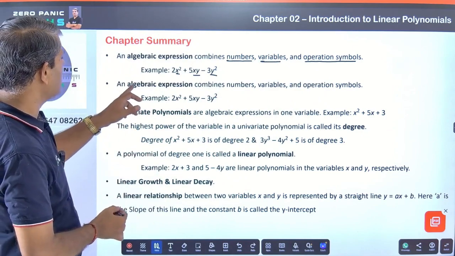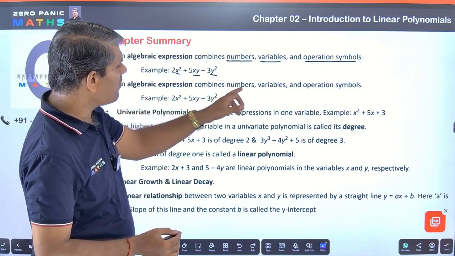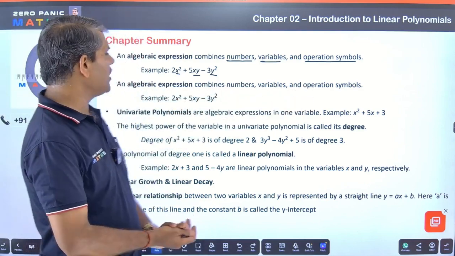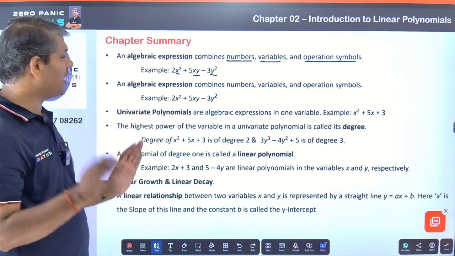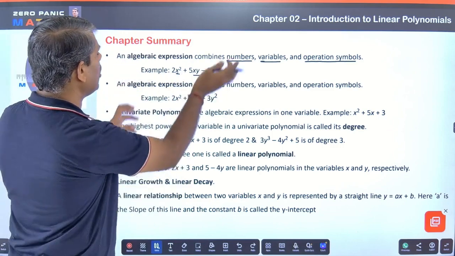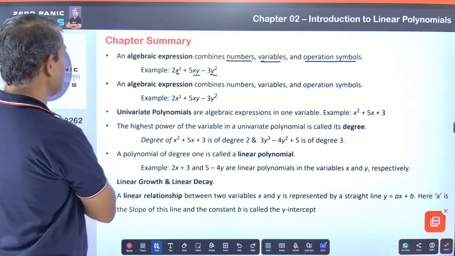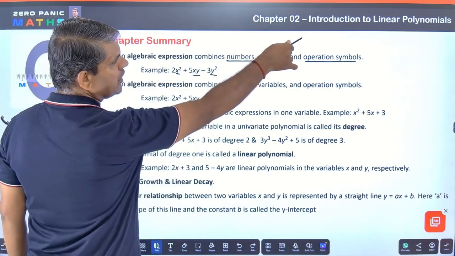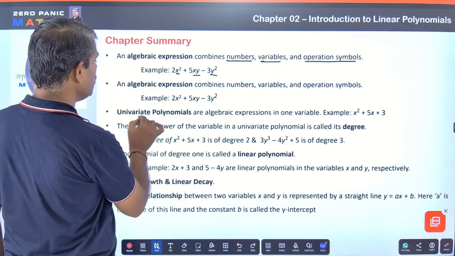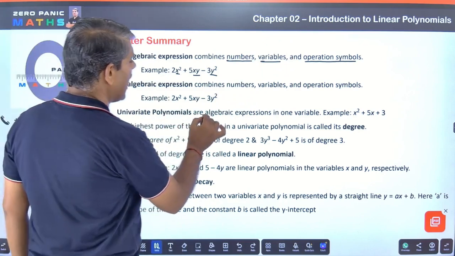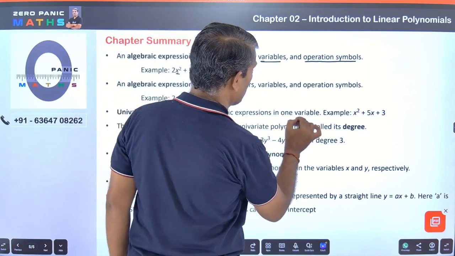Next comes the algebraic expression, which combines the numbers, variables, and operation symbols to form this polynomial. This is a polynomial in general. Combining all that, we have formed this. And finally we came to the specific part of this chapter, that is linear polynomial or univariate polynomial, which are algebraic expressions in one variable.